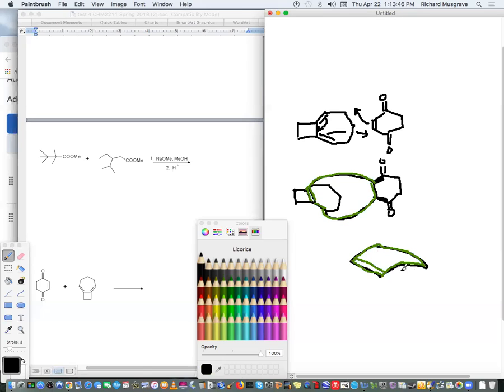So I'll do the bridge first. The bridge is this business here, and that's going to go off the top. And there's the bridge. Attached to the C double bond C, we've got that's a 4-membered ring, which is going to be in the same plane. And then we've got the other part here that's going to be either pointing up or down.